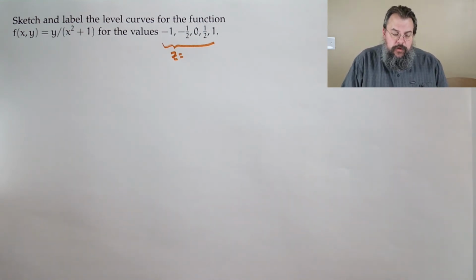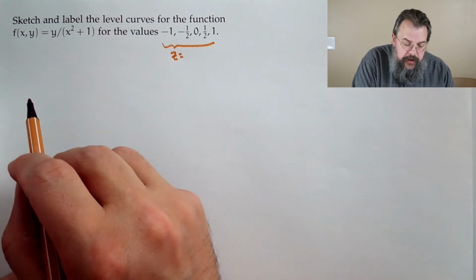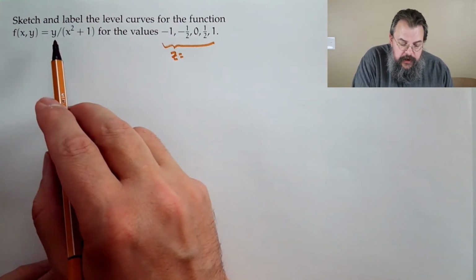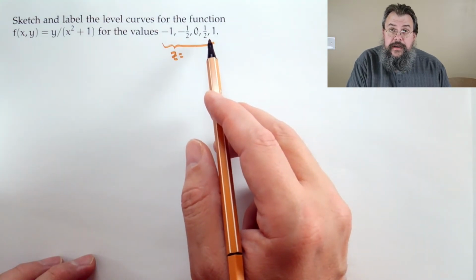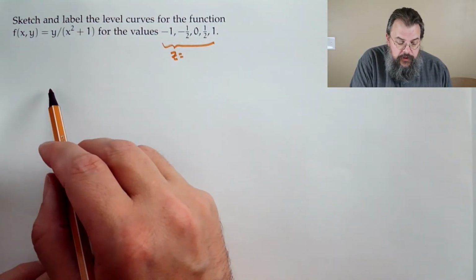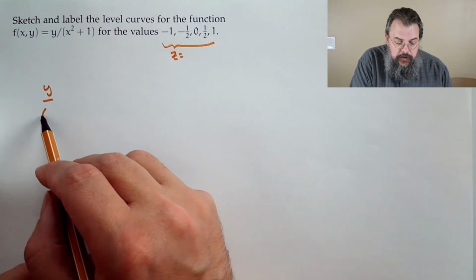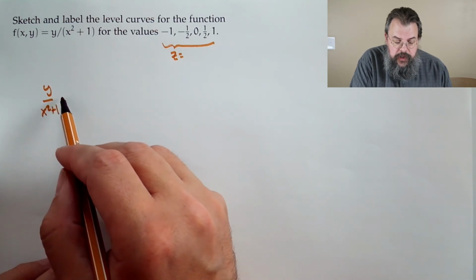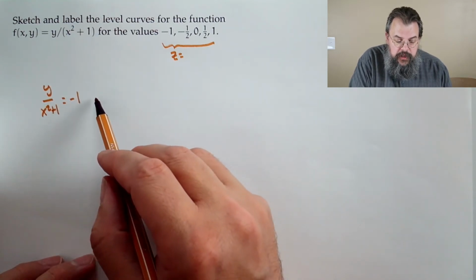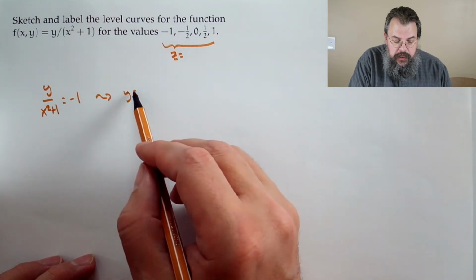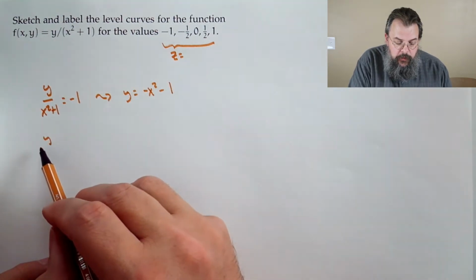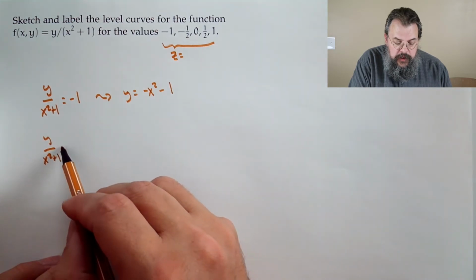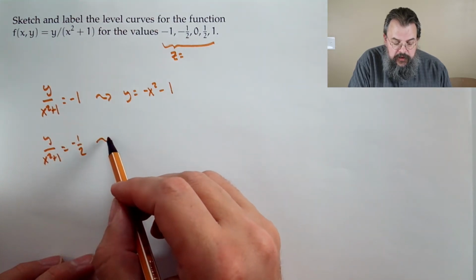So it's actually not so bad. We say, look, we're just going to set our function equal to each one of these values and simplify and see what we get. So if we start, y over x squared plus 1 equals -1, well, that says y equals minus x squared minus 1. Y over x squared plus 1 equals -0.5.